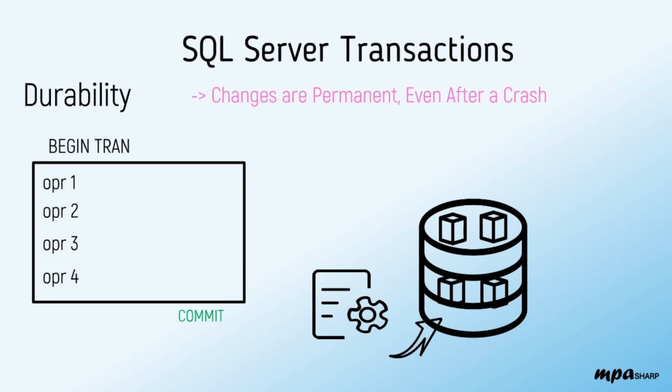So now we have talked about all four ACID properties. ACID properties are the backbone of a reliable database system like SQL Server. Out of all four properties, isolation is the property we can configure the most in SQL Server.